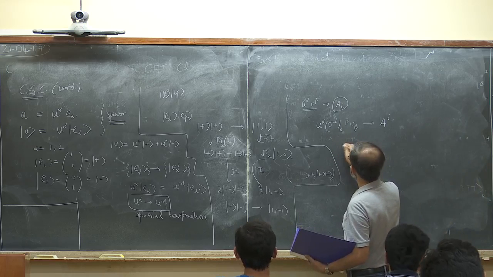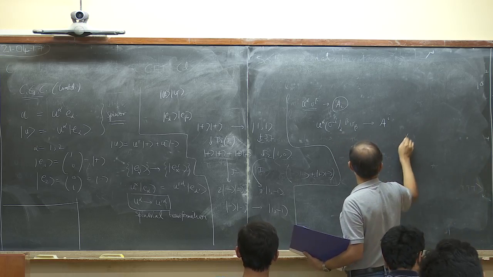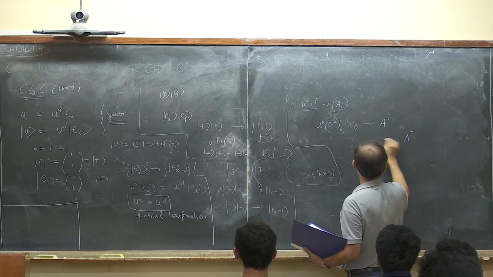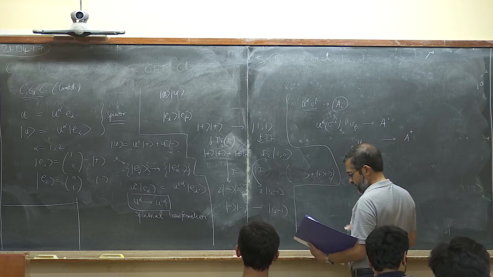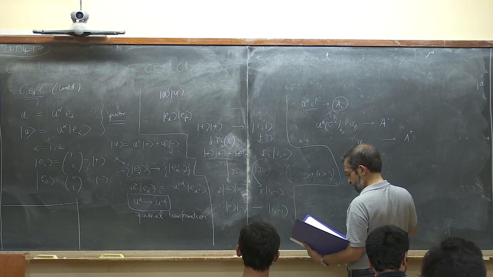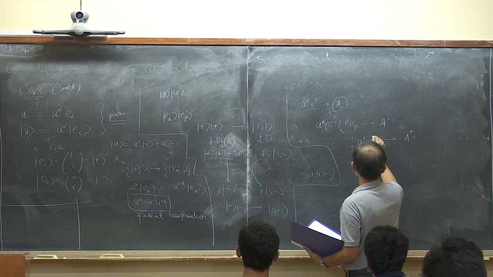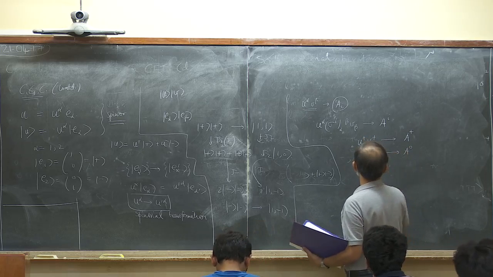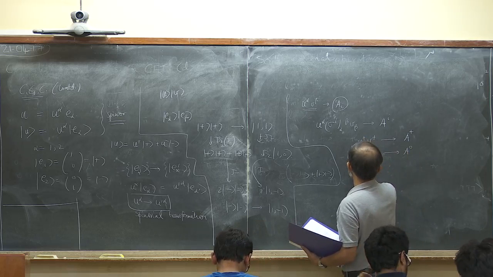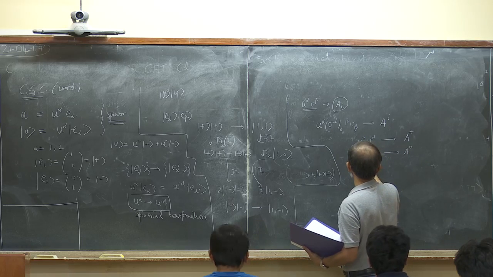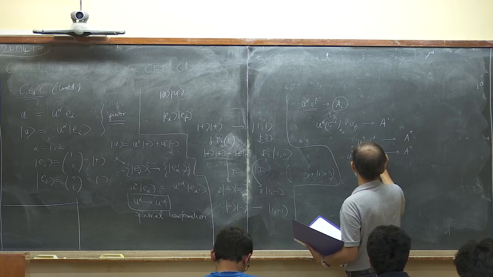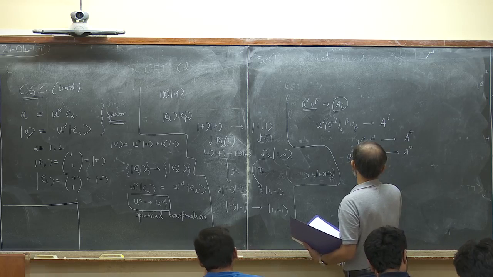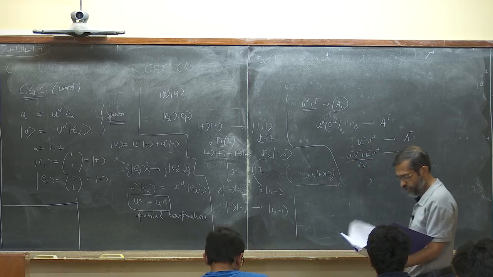So let me just say what happens for A plus, for example. A plus turns out to be, as you would expect, just U plus V plus. A0 corresponds to U plus V minus plus U minus V plus divided by root 2.